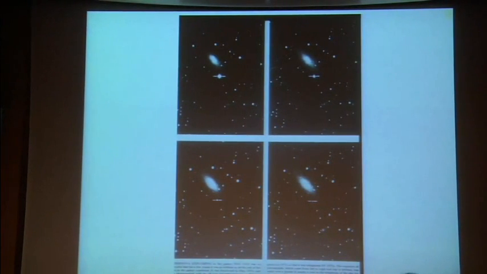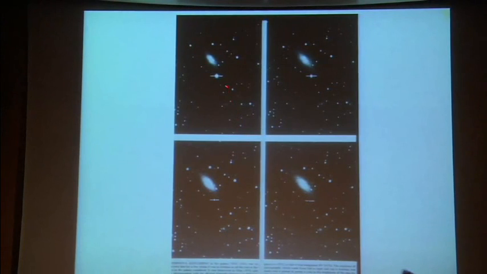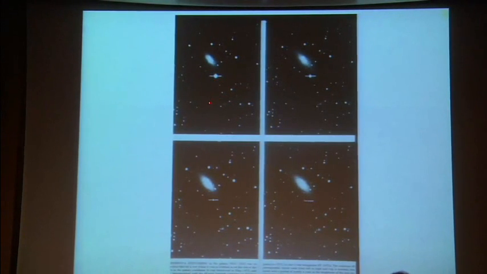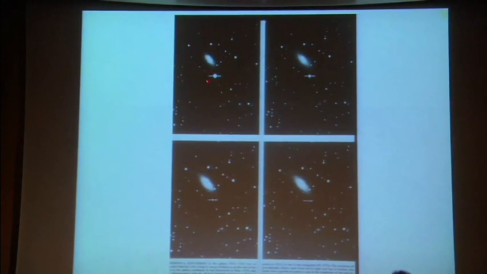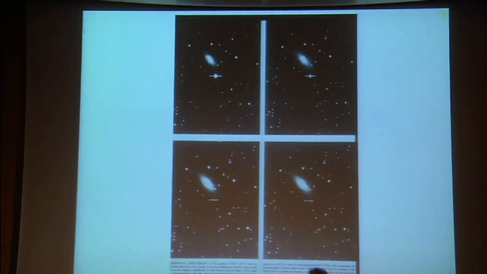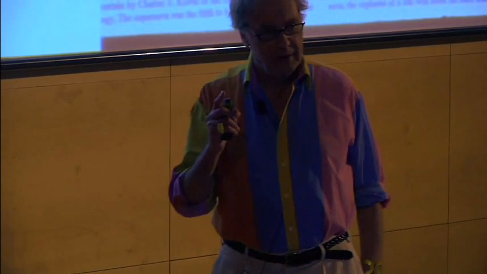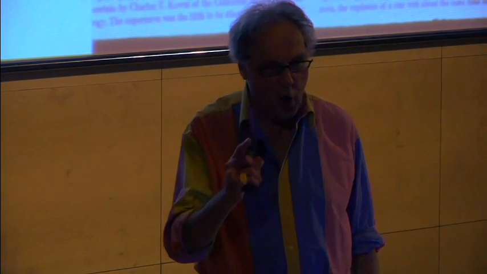And this star alone emits about the same amount of light per second as the entire galaxy. And a galaxy holds roughly 100 billion stars. And so that supernova alone outshines 100 billion stars.